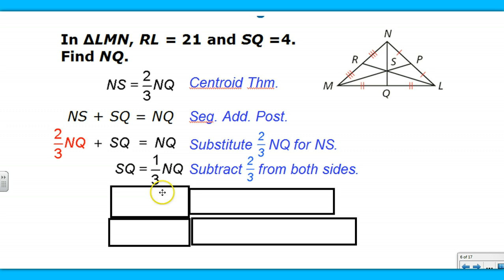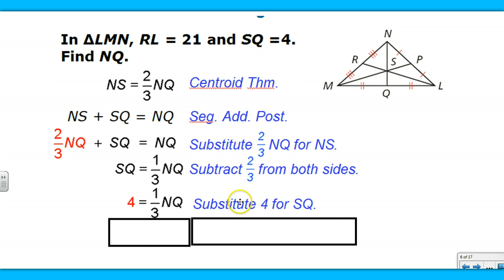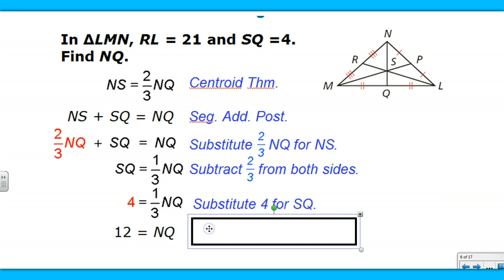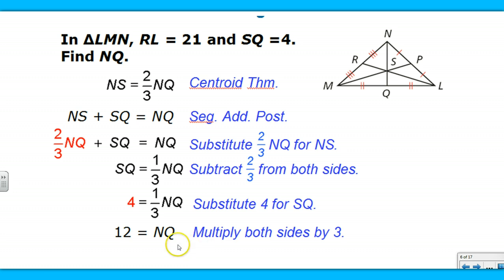And now we can say that 4 equals 1/3 of NQ, right? And that's by substitution. And so we can say that 12 must be NQ, multiply both sides by 3, right? And there we go.